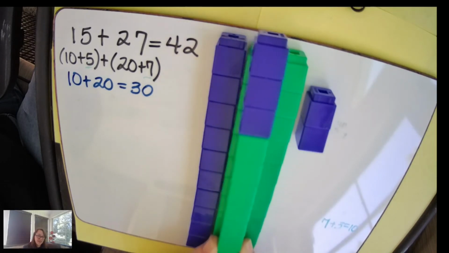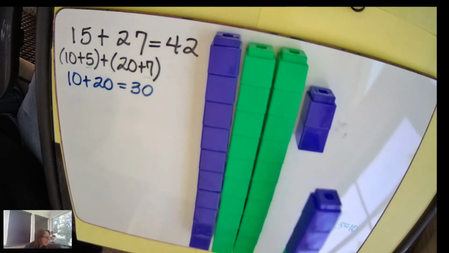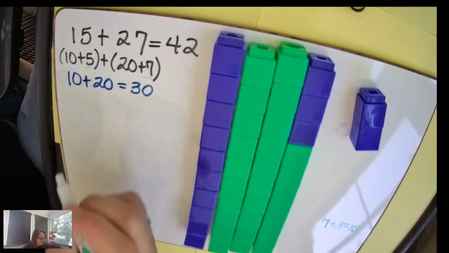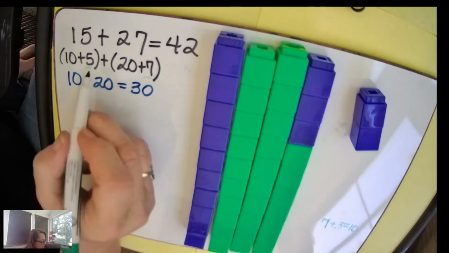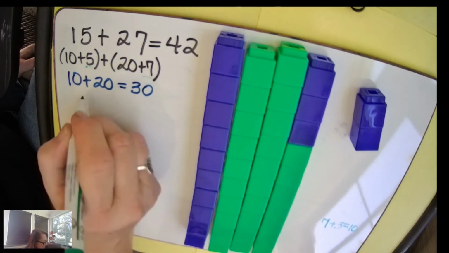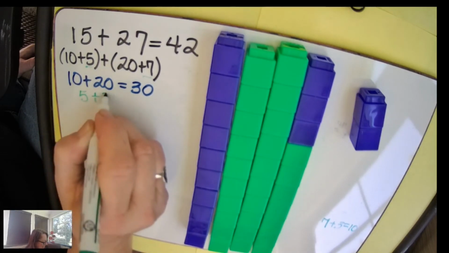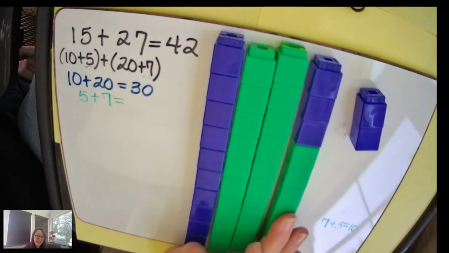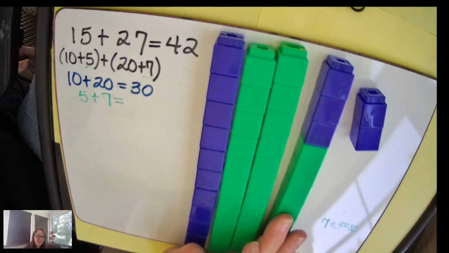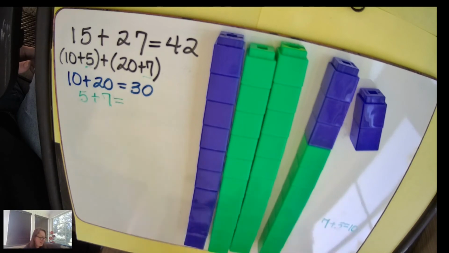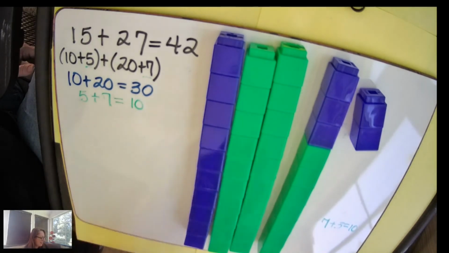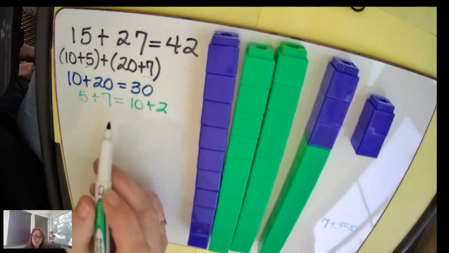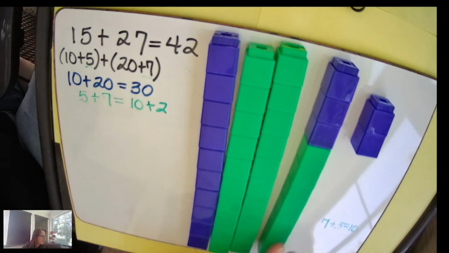Okay, so now if we combine all of the 10s. Let's see. So wait, she combined the 5 and the 7. I'll write that down here. And 5 and 7 equal 10 plus 2, or 12.